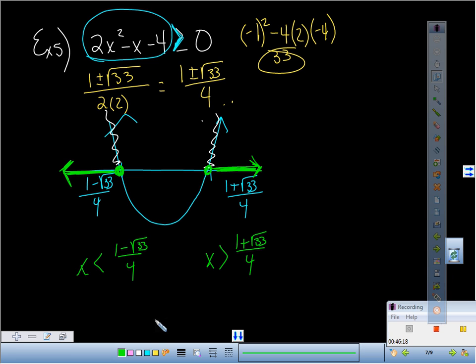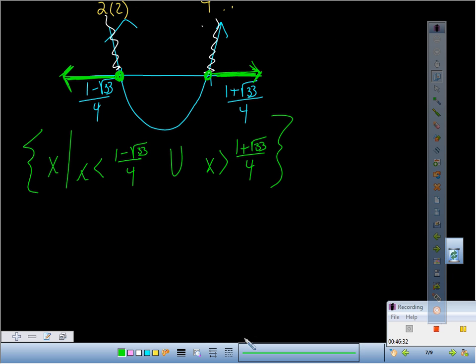You want to write it in set notation? Oh, watch this. I'm so fancy. x such that x is less than or equal to this, or x is greater than or equal to that. Boom, there it is. Now I'm going to do interval notation. Where do I start? Negative infinity. Included or excluded? Never included, guys. Always excluded.